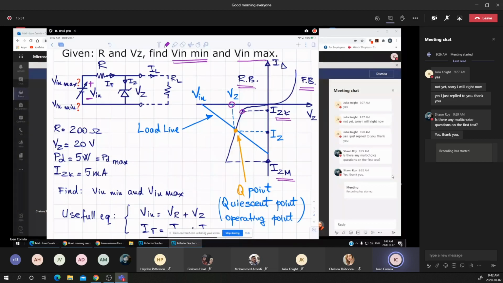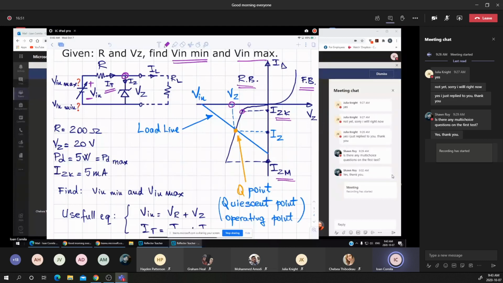Now, from this equation, we can determine IT, the current that flows through the circuit. You notice that I use IT as the total current supplied by the voltage source to the entire circuit. Now, I may apply the KCL at this node.